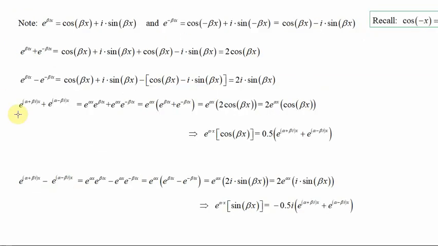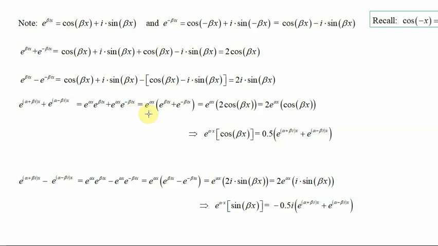And now let's take a look at the expression e to the alpha plus beta ix plus e to the alpha minus beta ix. The first expression right here is the same as e to the alpha x times e to the beta ix. And the second part here is e to the alpha x times e to the negative beta ix.